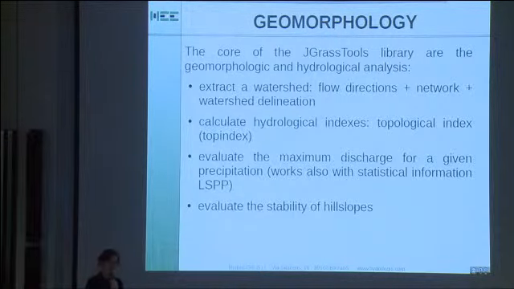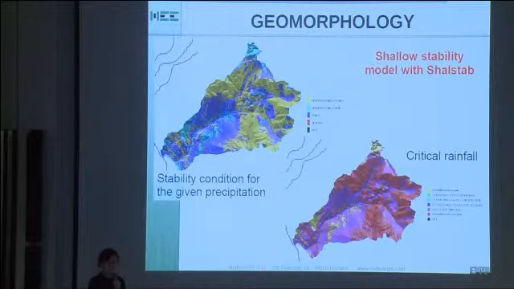And it is also possible to evaluate the stability of the hill slope. We integrated a shallow stability model called ShallStab, and it gives the stability condition for the given precipitation and also the critical precipitation for each pixel.